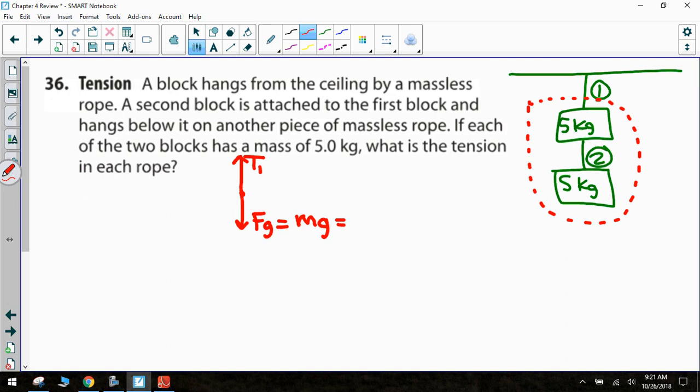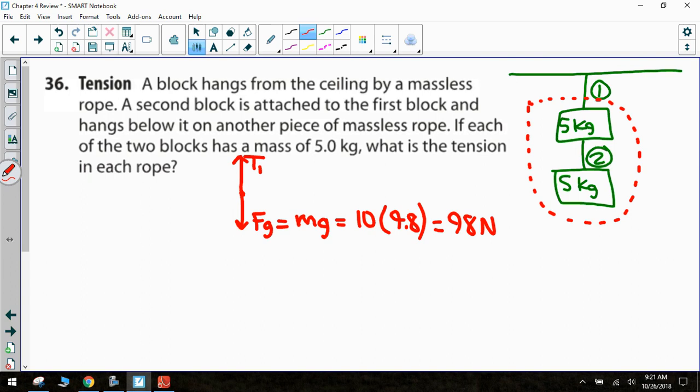And how much mass is in my system right now? Yeah. So there's 10 kilograms. This is my system right now, so the whole system is 10 kilograms. That's 10 kilograms times gravity, 9.8, equals 98 newtons.